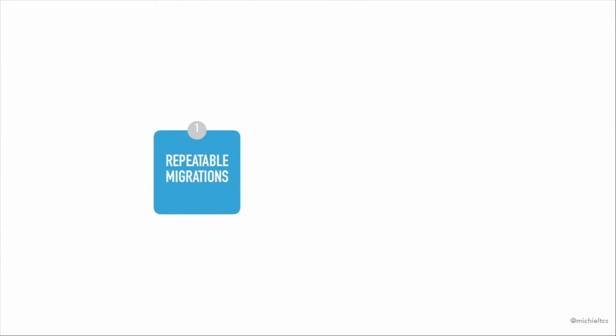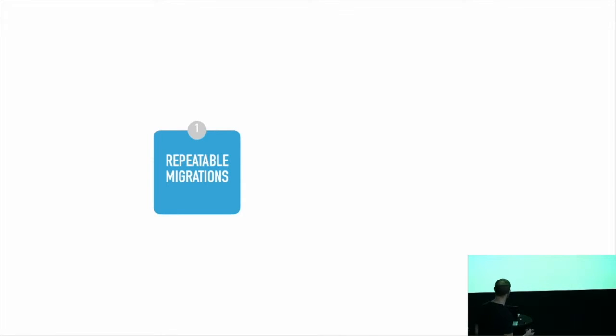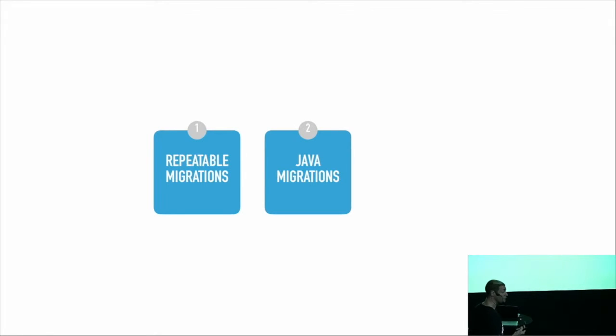The nice thing about Flyway is that it allows you to do repeatable migrations. So if you need to do certain operations every time you touch the database, that is possible. Myself, I've never used it yet, haven't had a need, but it can be done. Then there are Java migrations, so you can actually write Java code that is run as a callback during the execution of a migration.